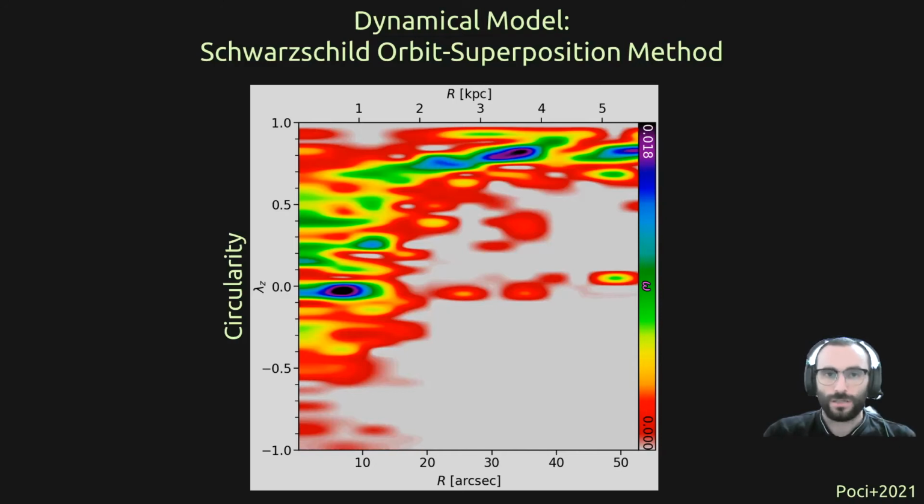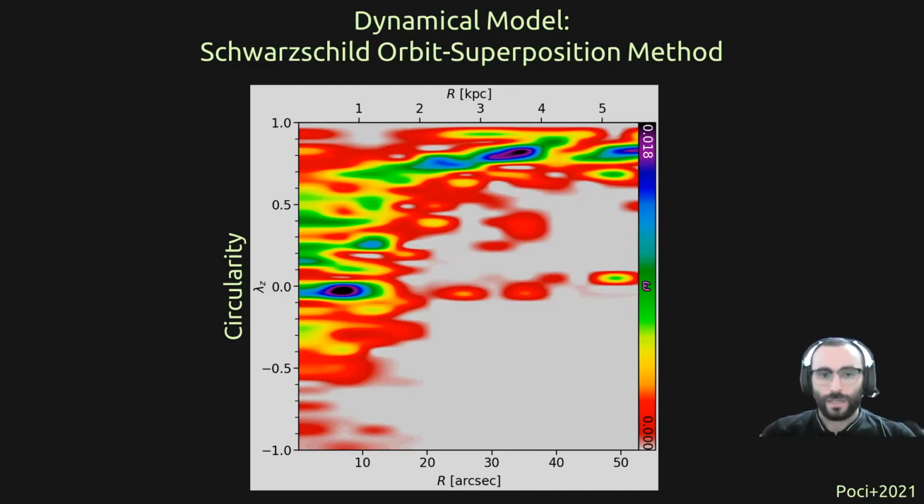I show circularity as a function of radius, and the color indicates the distribution of orbits for this galaxy model. This particular galaxy has a strong presence of a low radius, low circularity component, which is analogous to a classical bulge. Then as we move out in radius, we start to pick up disk-like orbits, which have high angular momentum.